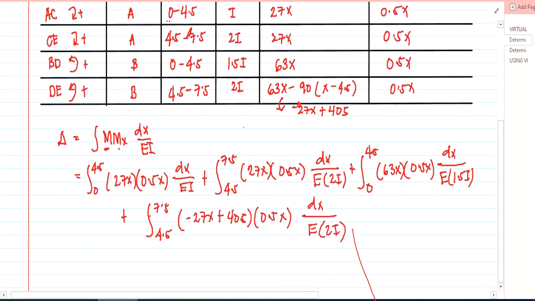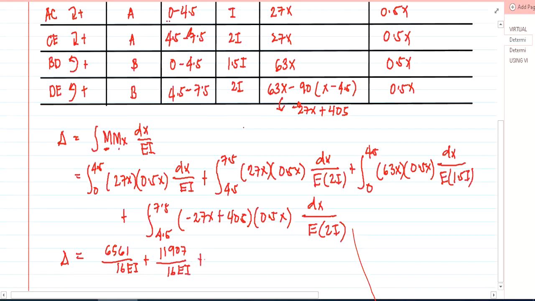So, what will be our value? For our deflection, the first expression is 6,561 over 16 EI, plus 907 over 16 EI, kindly check.